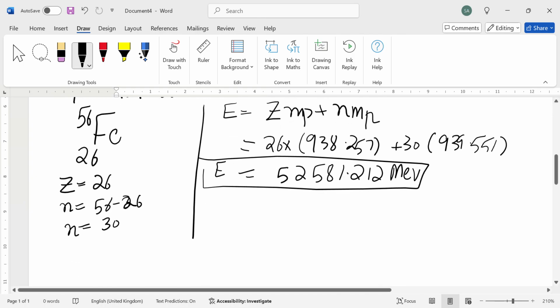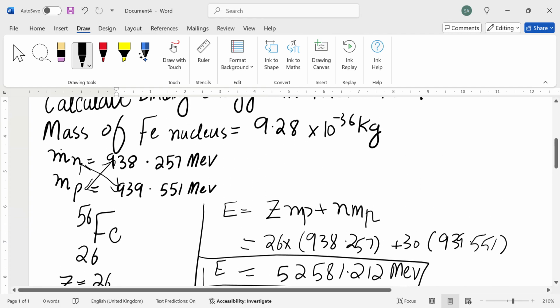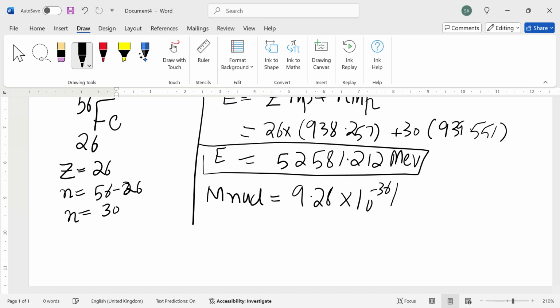Right. Now the mass of the nucleus is given and it is equal to 9.28 × 10^-36 kg. Energy is calculated by multiplying the mass with the speed of light squared.